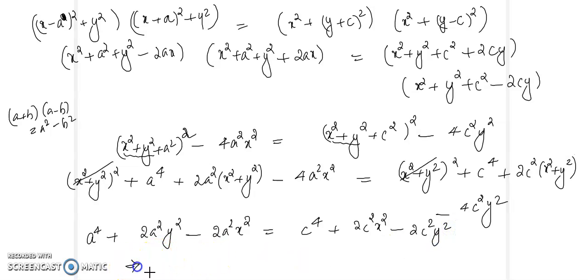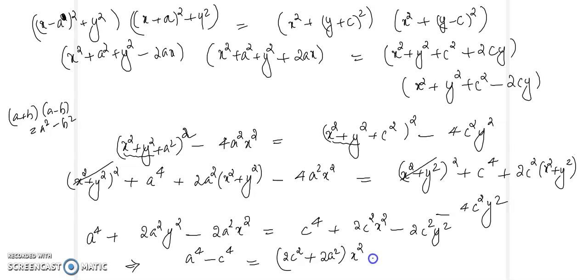Now take the coefficients of x square and y square to one side. So take everything with x square and y square to the right. Then on the left side you will have a raised to 4 minus c raised to 4 equal to (2c square plus 2a square) x square.